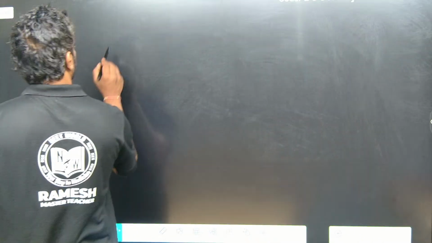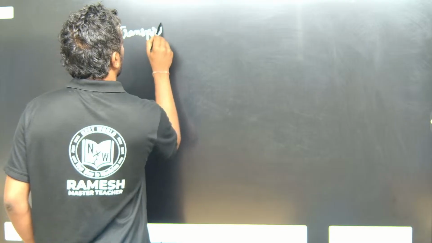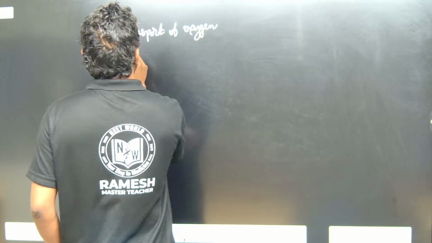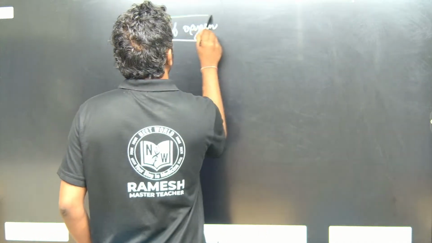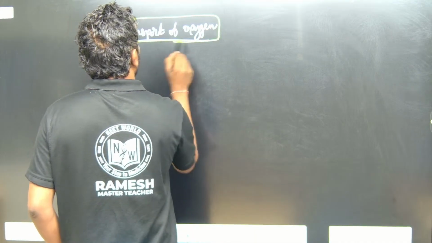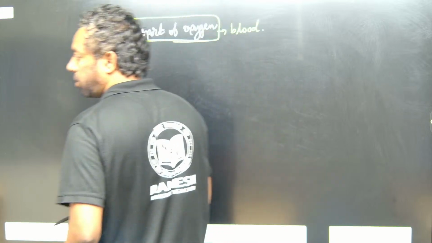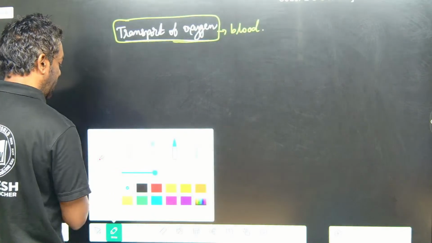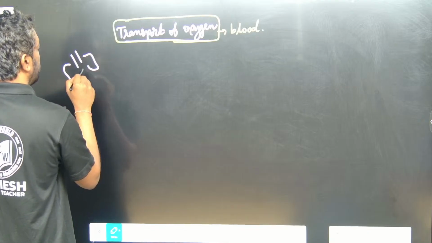Transport of oxygen via blood. Blood can transport it. First, where does oxygen reach?